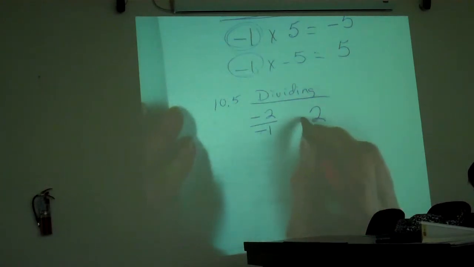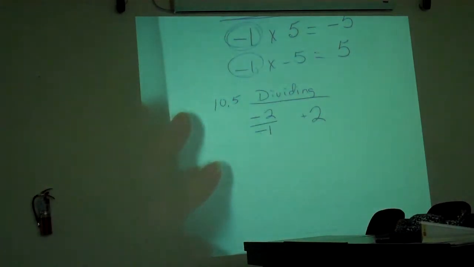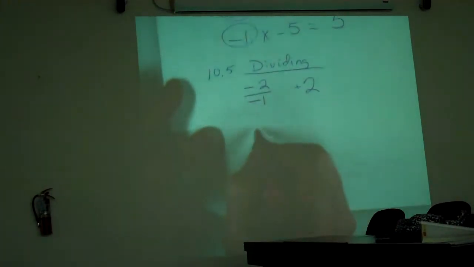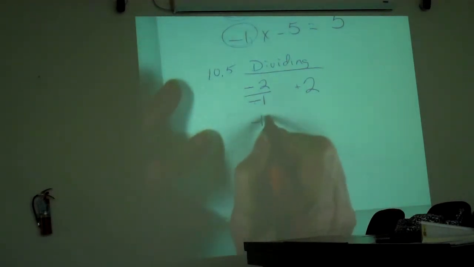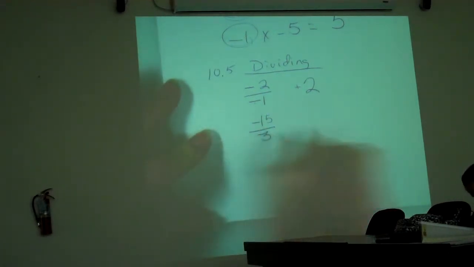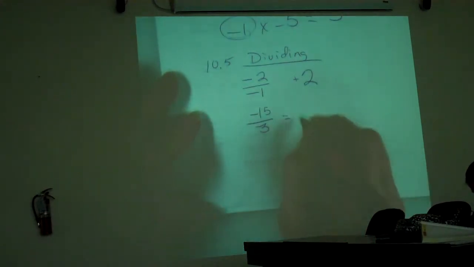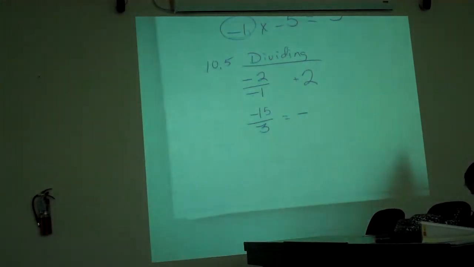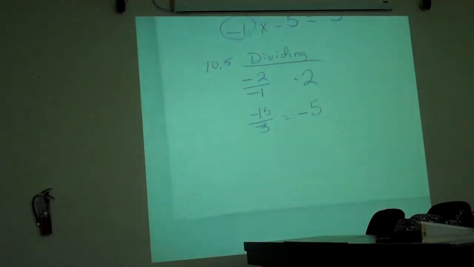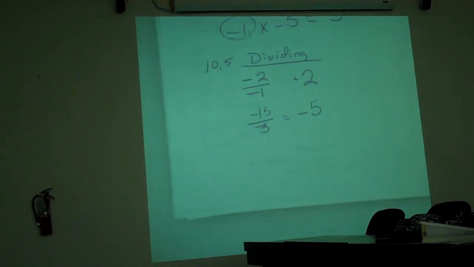Two negatives is a positive. If you have negative 15 divided by 3, what's the sign going to be? Negative and a number? 5. So the multiply and divide is actually easier than add and subtract, isn't it? This rule is a lot easier.